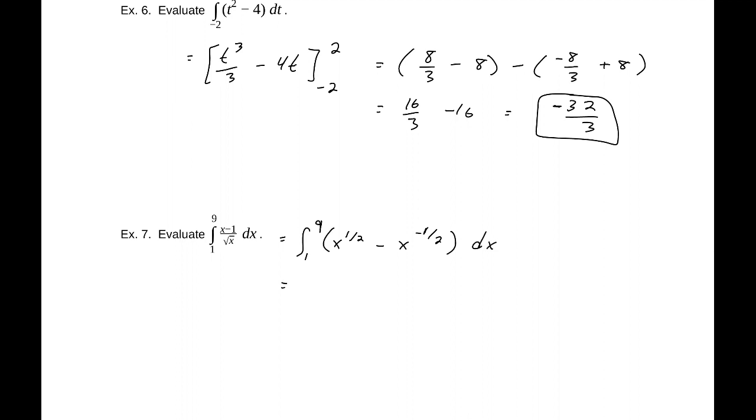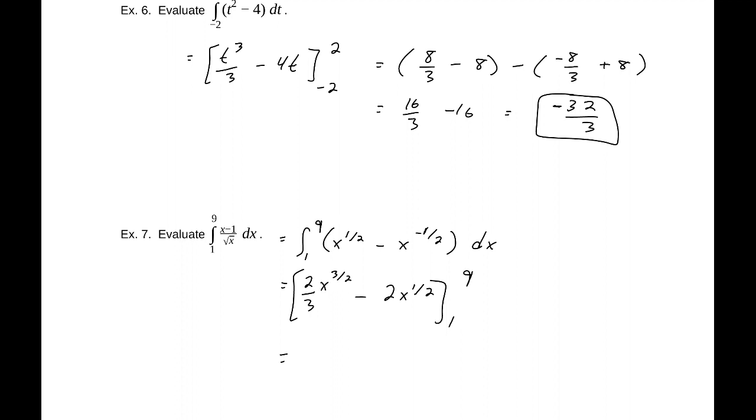Finding the antiderivative of those, we get x to the 3/2 divided by 3/2, so that would be multiplied by 2/3, minus x to the 1/2 divided by 1/2, so that is times 2, evaluated from 1 to 9.